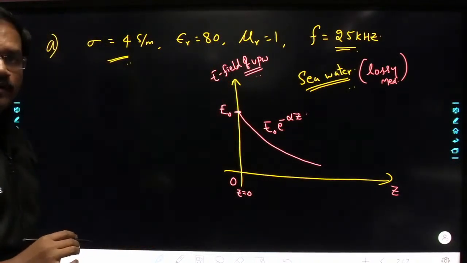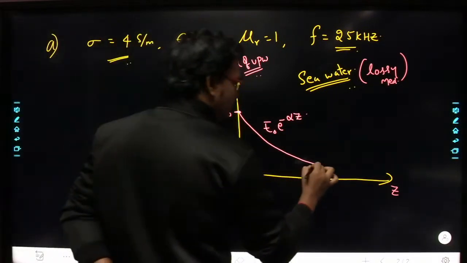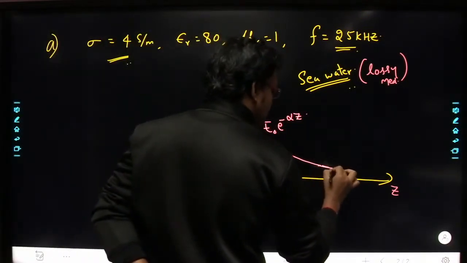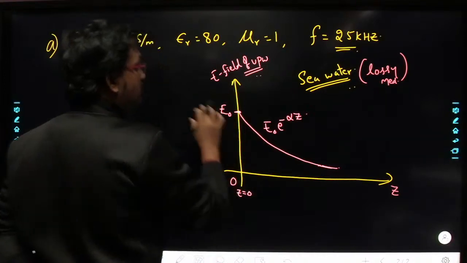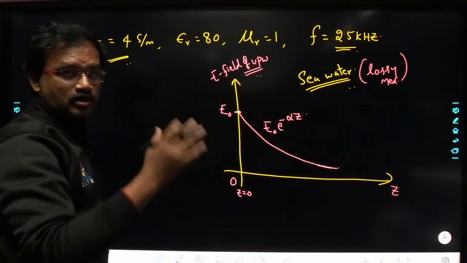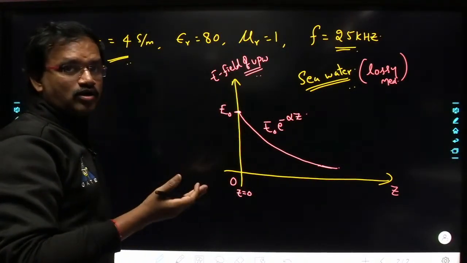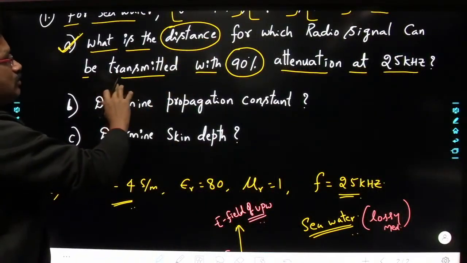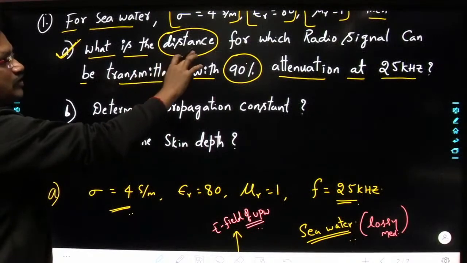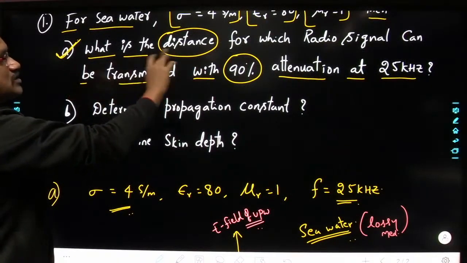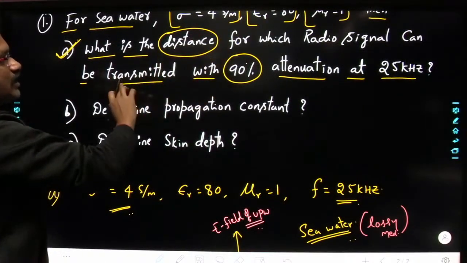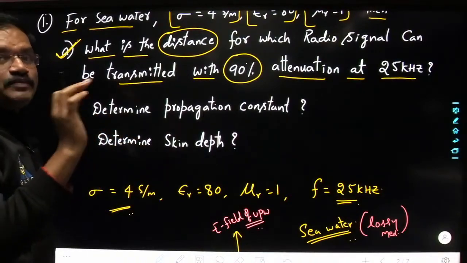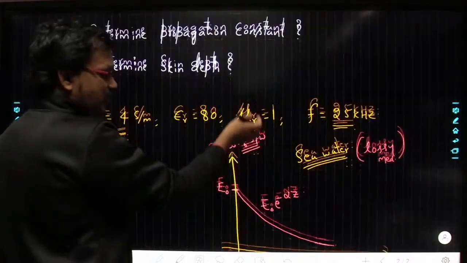Now here they are asking about a radio signal: what is the distance for which the radio signal can be transmitted with 90% attenuation?